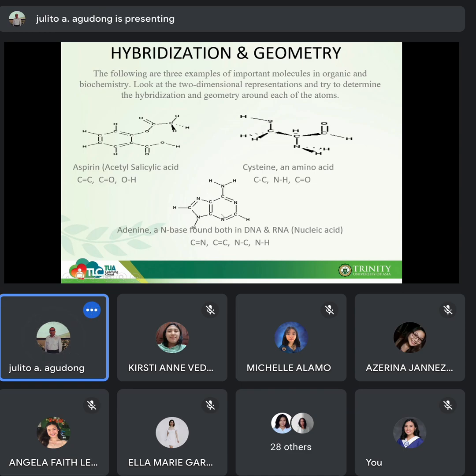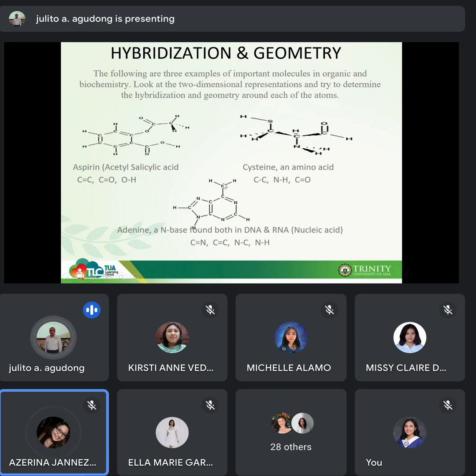What about nitrogen single bond? sp3. Very good. What would be the geometry of this single bonded nitrogen? Trigonal pyramidal po. Trigonal pyramidal. And with C, what is the shape of this, class?